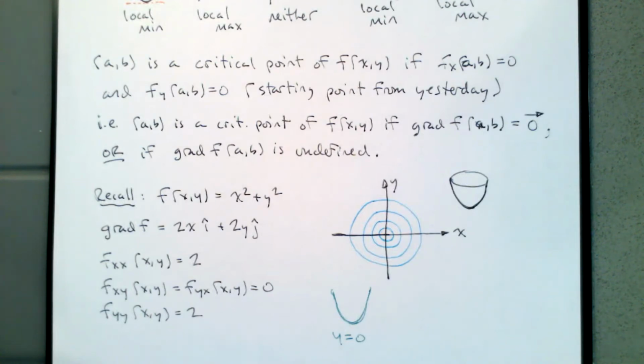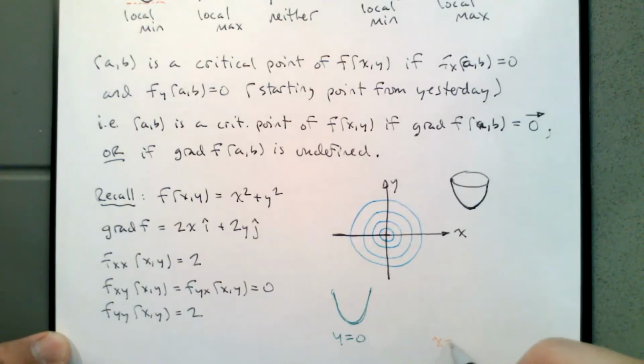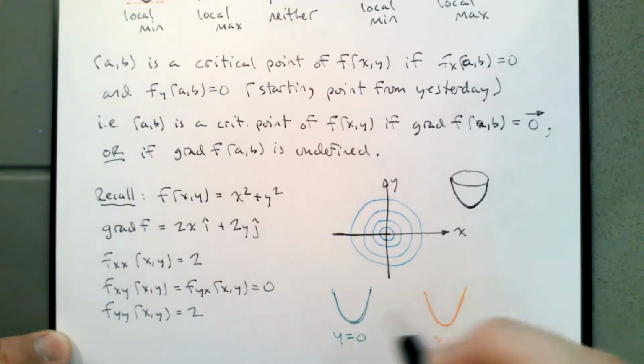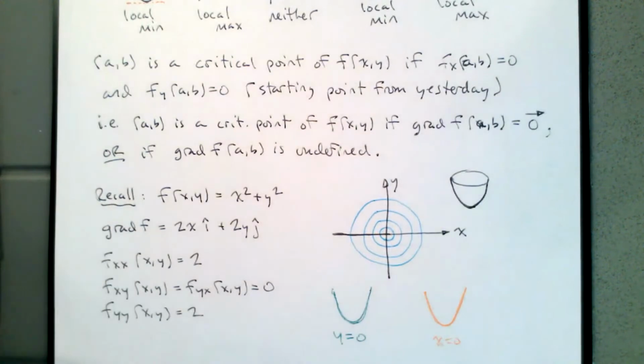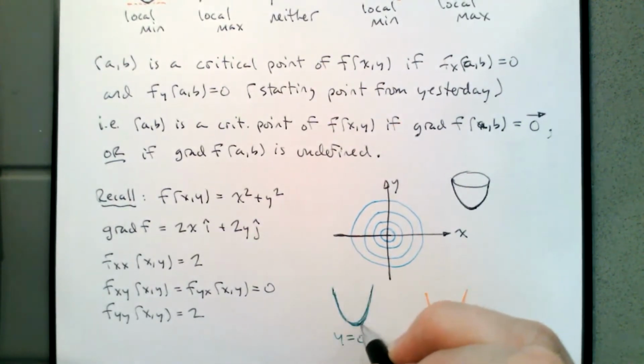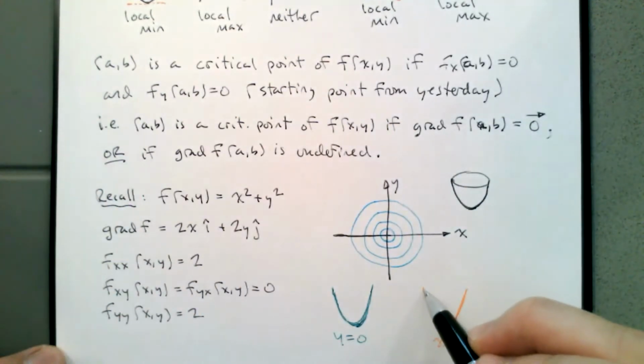If we look in the yz plane, when x equals 0, we also have a parabola going up. And our lowest point is at the bottom of the parabola from looking at it from one side, and the bottom of a parabola looking at it from the other side.